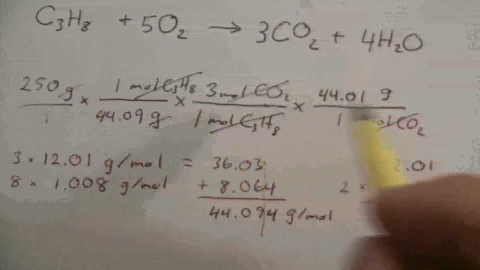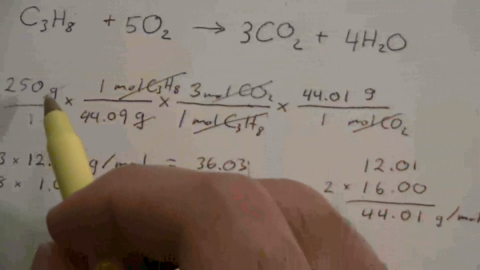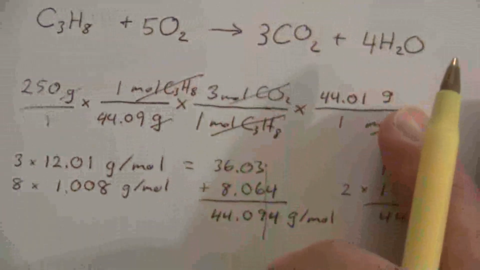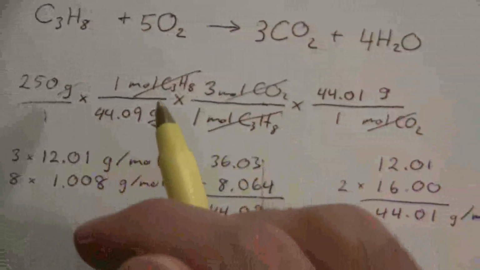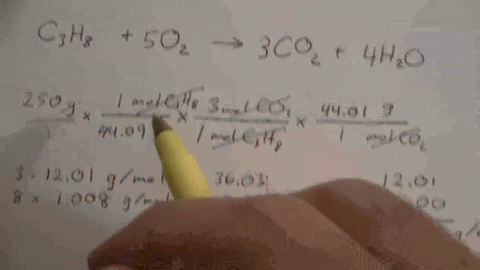So we see this process, a very common process: grams of the first substance to moles is our first step, the three-step process. First we convert it to moles.